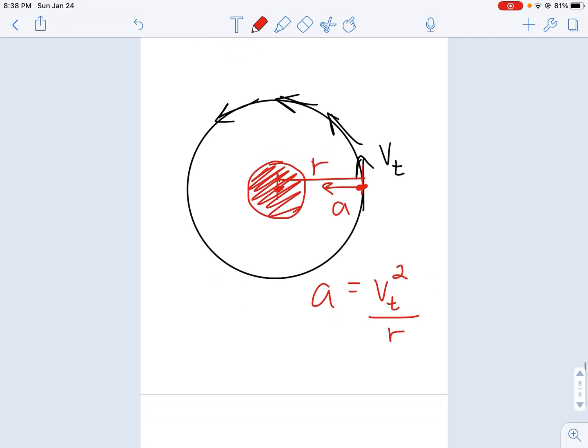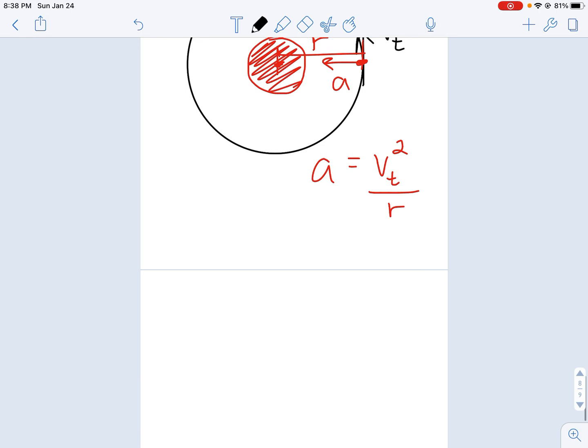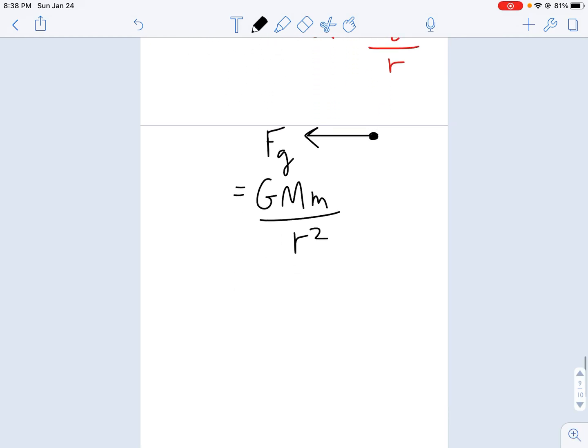So if we model the forces on the object that's orbiting, there are no contact forces. The only force on that object is the gravitational force of the Earth, which is equal to GMm over r squared, big M being the mass of the Earth, and little m being the mass of the satellite.